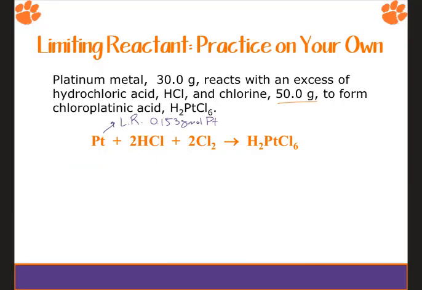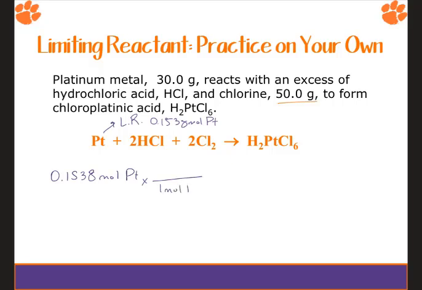And last but certainly not least, I want to know how many grams of my product, the chloroplatinic acid, I can actually produce. So again, I'm going to start with moles of platinum, just to save myself a step. Again, if you wanted to go back to grams, that's fine as well. Then we're going to look at our mole to mole ratio.